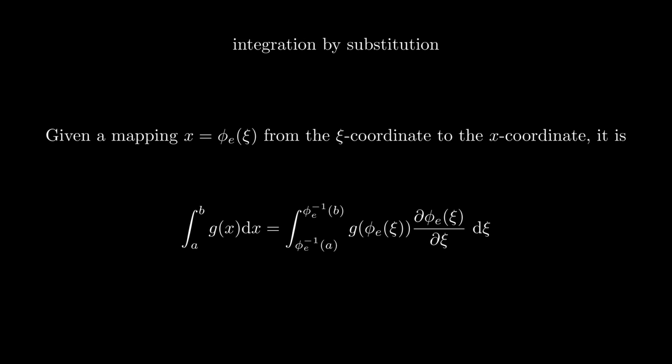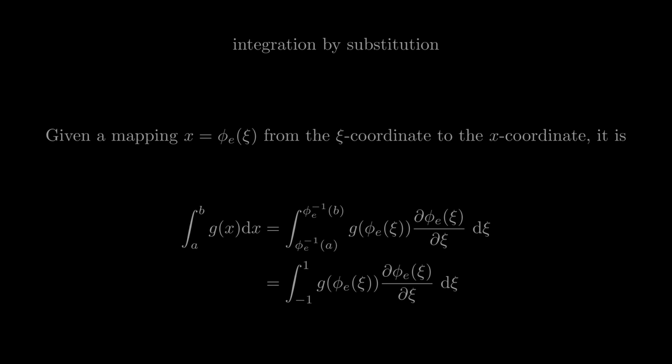If we assume that the mapping phi e of xi is the very same mapping that we have introduced previously, the integral limits further simplify to -1 and 1. This formula can finally be used to transform integrals over the actual elements into integrals over the reference element.